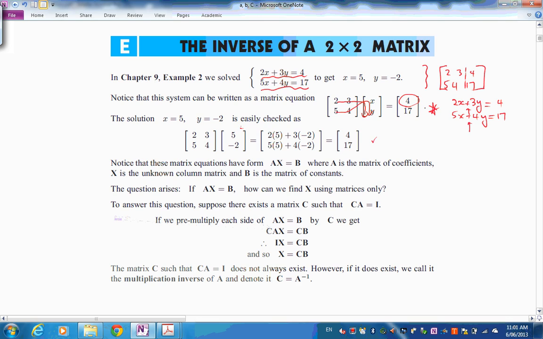Let's check the solution in here. If we put x is 5 and y is -2 there, and you dive down, there it is, the pairwise multiplication and the addition, yes, it does come to 4 and 17. So the whole system seems to work.